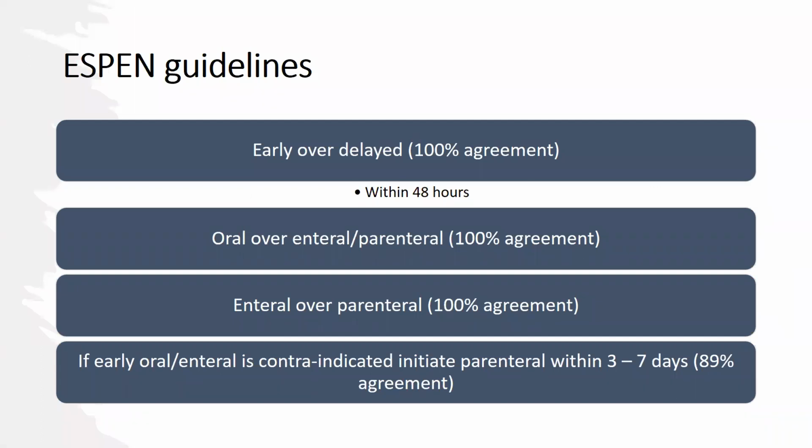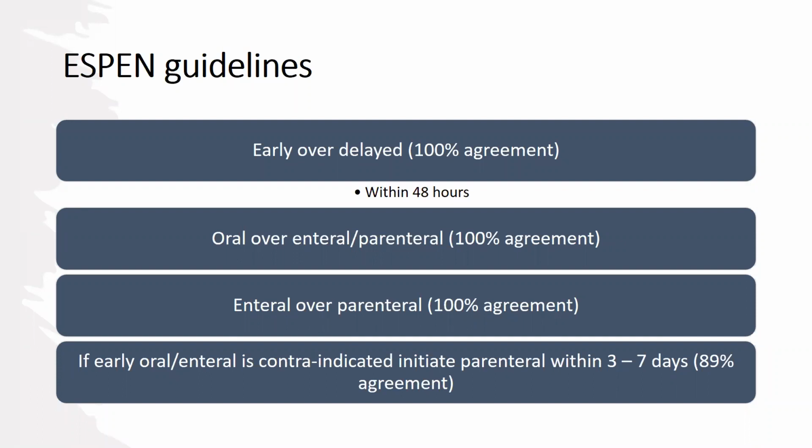The approach that ESPEN and SCCM recommend is less than 48 hours. Really, that's when you need to start enteral nutrition. Here's where ESPEN provides us guidance. Early over delayed, there was 100% consensus agreement. So that's within 48 hours. Oral over enteral or parenteral when you can.